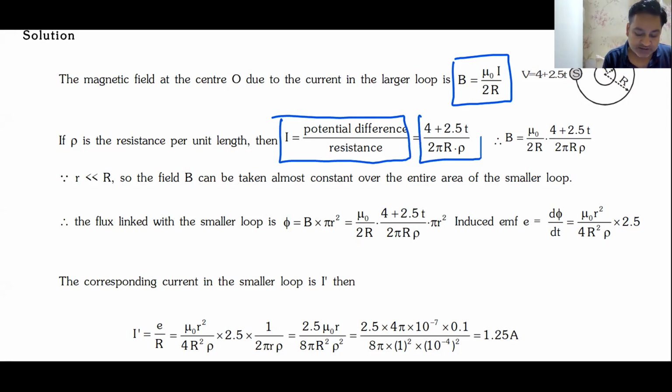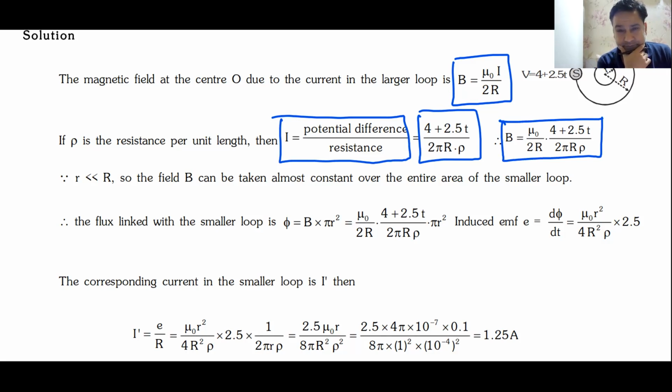So the potential difference is 4 plus 2.5 t divided by the total resistance of the loop, 2 pi R multiplied by rho. Yes or no? So you can get the value of B which is created here. Are you getting my point?